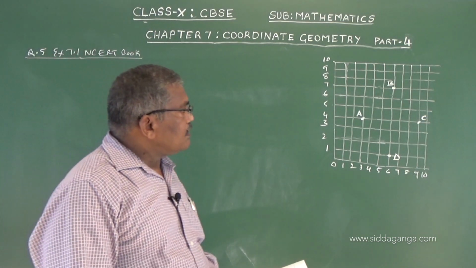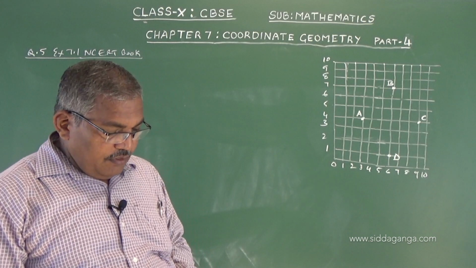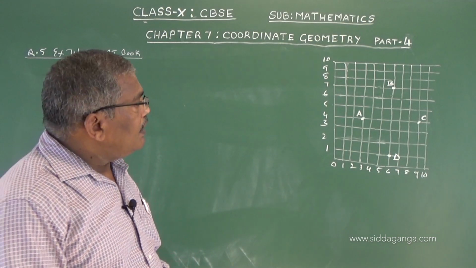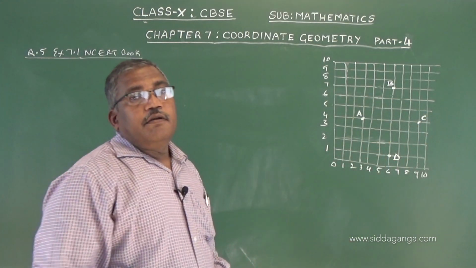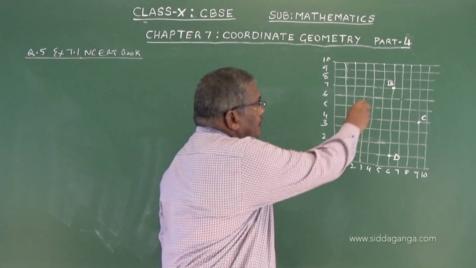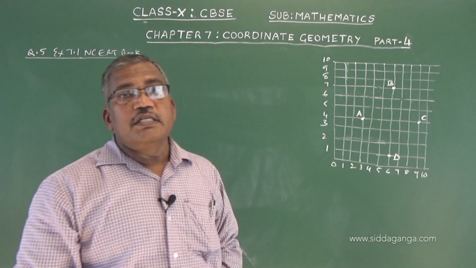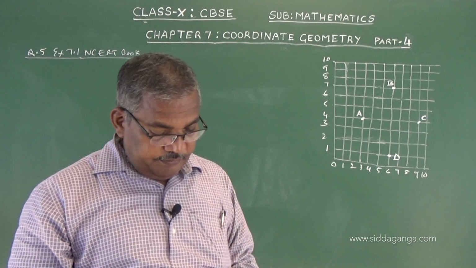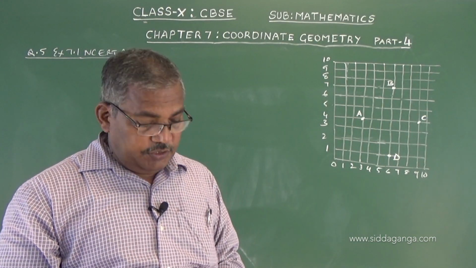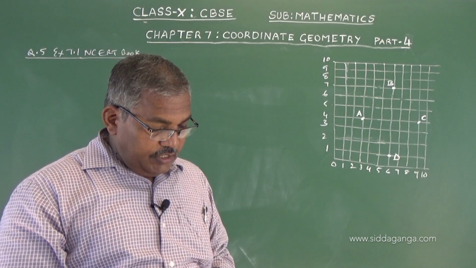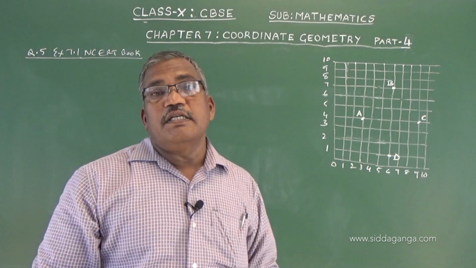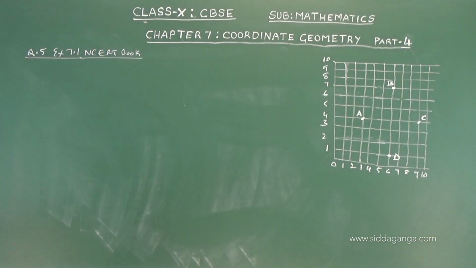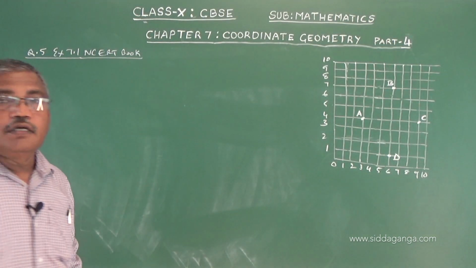Champa asks Chameli, don't you think ABCD is a square? Chameli disagrees. So using the distance formula, find which one of them is correct. So here, how should you proceed?